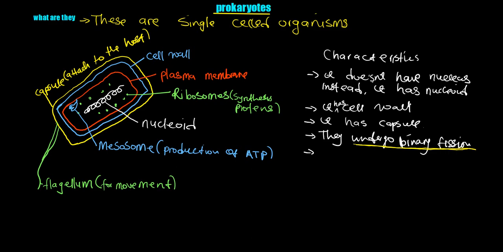So the other character we can talk of is that it has a flagellum which allows movement. We have talked about this, so we are just extracting from the diagram. So all the prokaryotes have a flagellum.